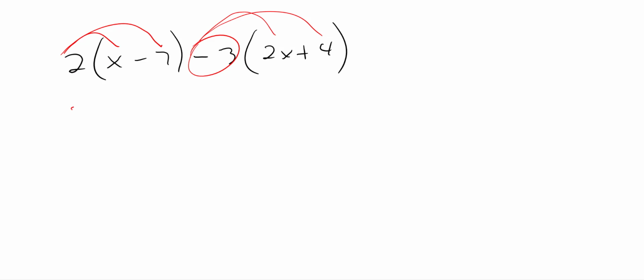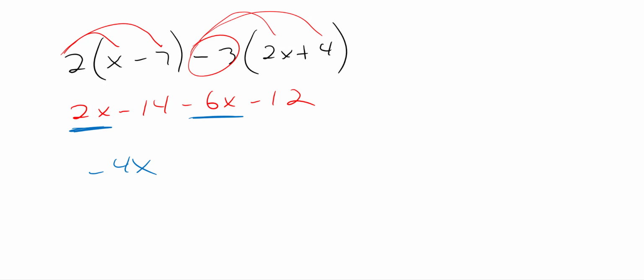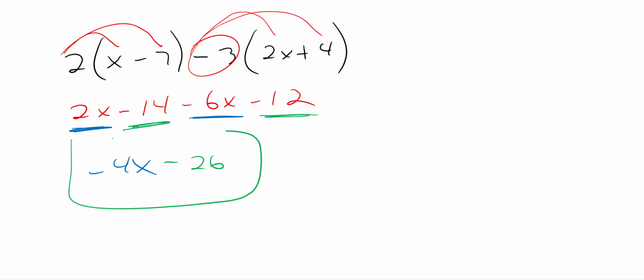Okay, so 2 times x is 2x, 2 times negative 7 is negative 14, negative 3 times 2x is negative 6x, and negative 3 times 4 is negative 12. Alright, so again, we just distributed everything, but now you got to combine like terms. So you have a 2x here minus 6x. So 2 minus 6, again, use your calculator. You get negative 4x. Okay, and then negative 14 minus 12, you wind up getting negative 26. And so that is your answer, negative 4x minus 26.